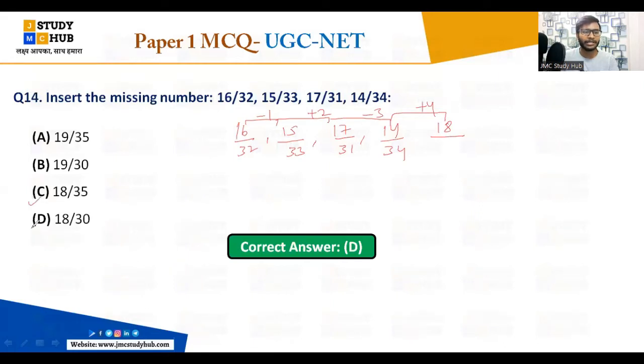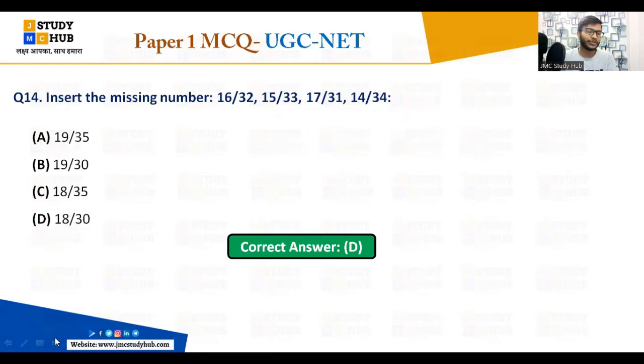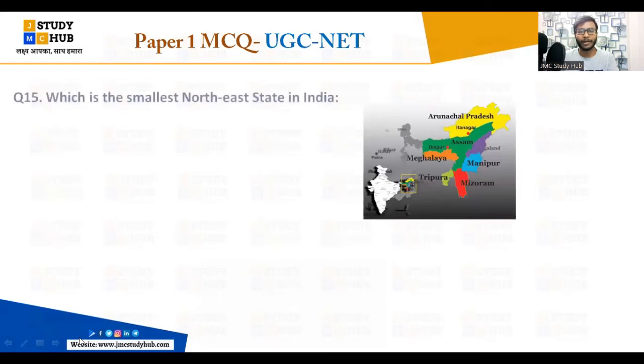Next, it is +1, -2, +3, and here will be -4. It means 30. So 18 by 30 is the right answer. That will be D. Okay. Everybody, सभी को समझ में आया? Yes. Okay, चलिए. So moving towards the next question, question number 15.